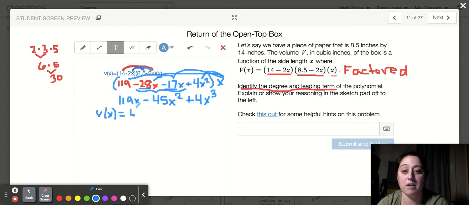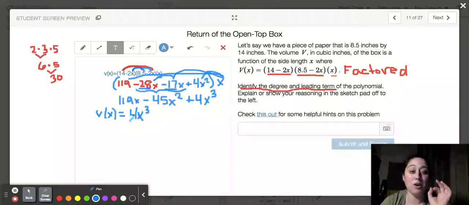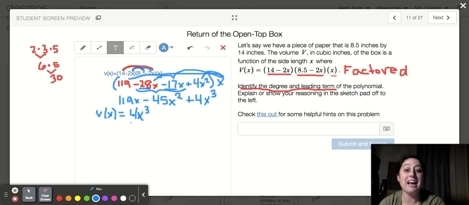All right, 4x to the third. And this is what we call our leading coefficient, the 4, and our leading term is the whole thing. All right, so this is my leading term with a leading coefficient of 4 and a degree of 3.